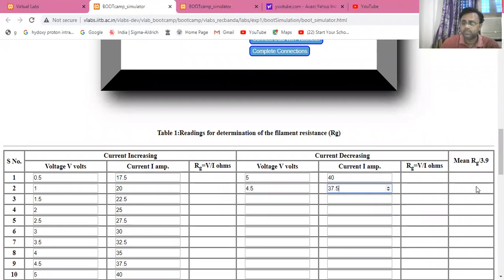I have already taken these readings, so we can write here from the notes.